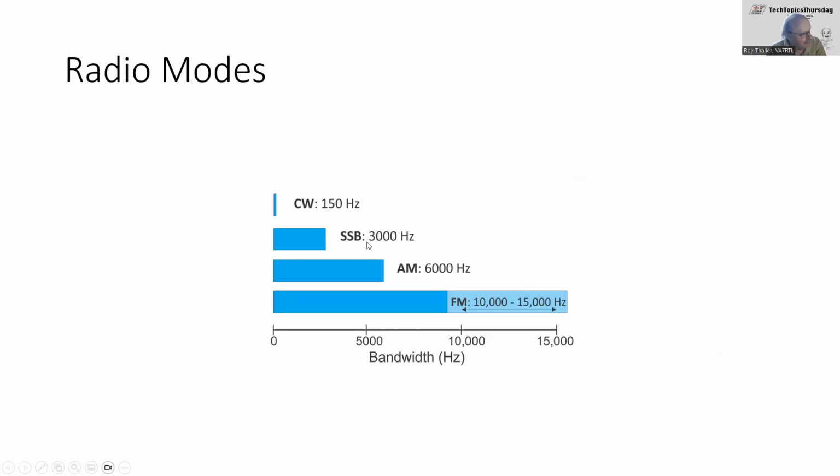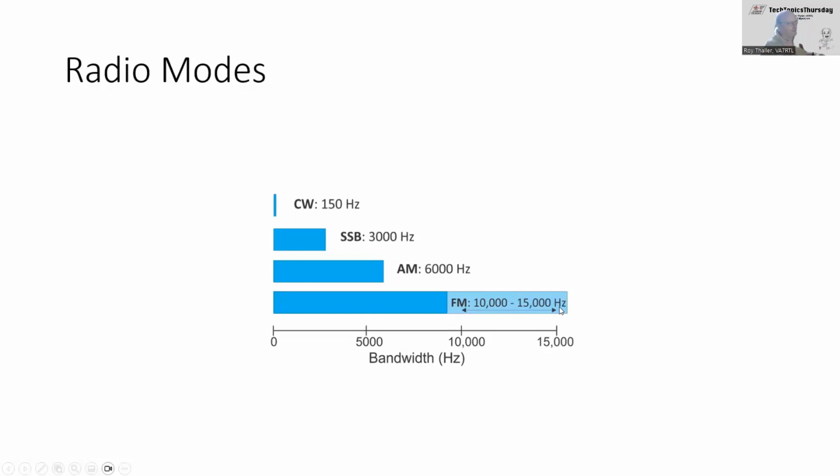Single sideband is typically 2.4 to 3 kilohertz. An AM signal is roughly double your single sideband, which is about 6 kilohertz. And then FM, you're up here at 10 to 15 kilohertz wide. And again, you have wide FM and narrow FM.